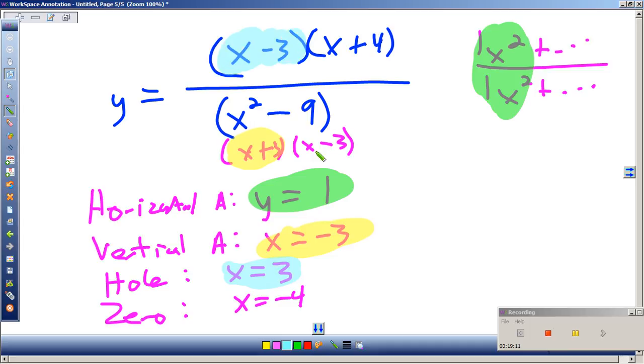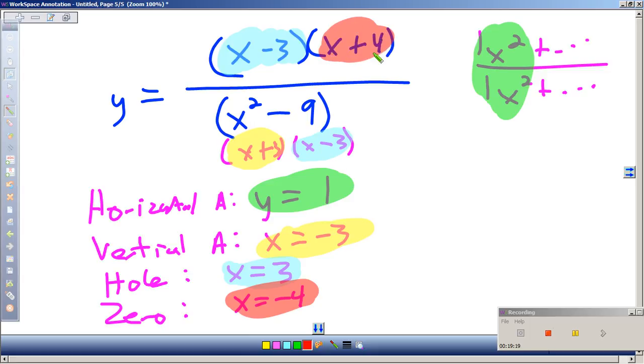Top and bottom. And to get to -4, we looked at that. Does that highlighting help point out where these are coming from? We need to be able to say each one of these parts. And if it's not factored, the first thing you probably want to do is factor it, both top and bottom.